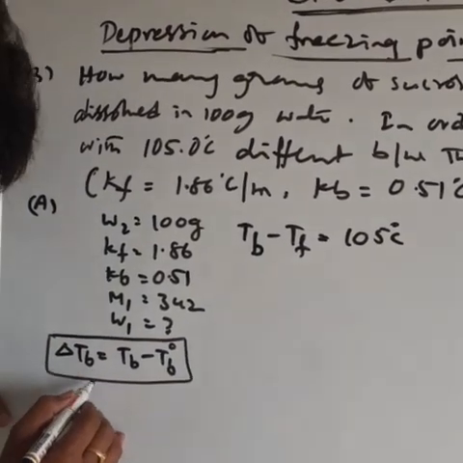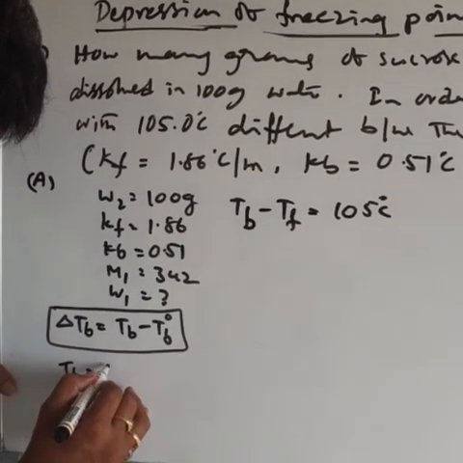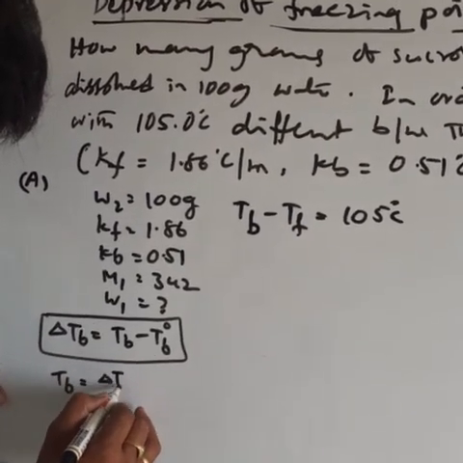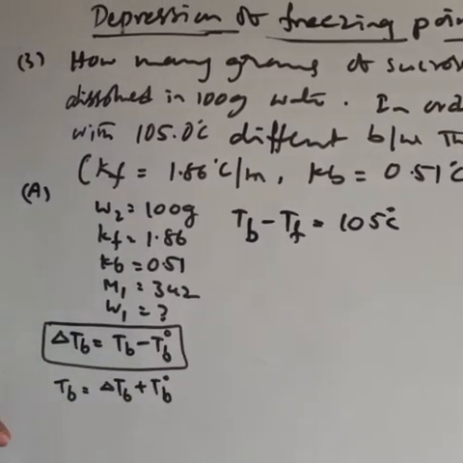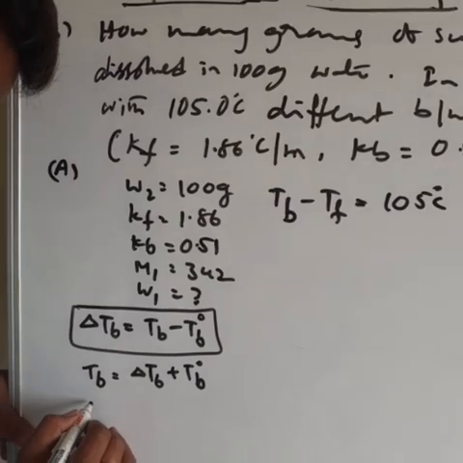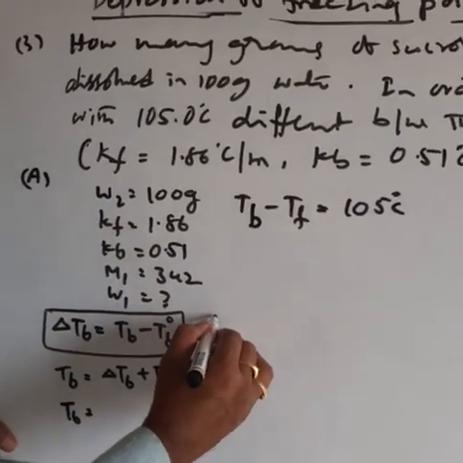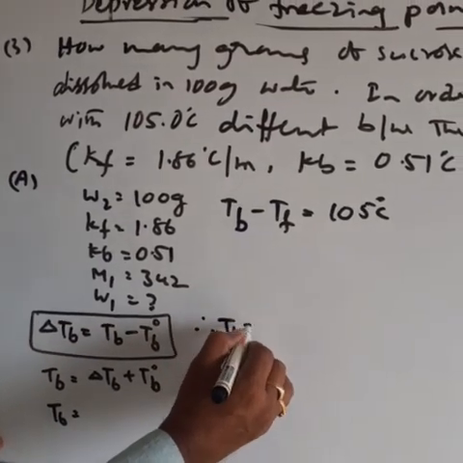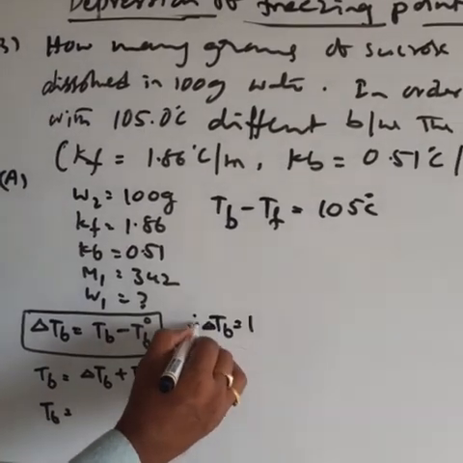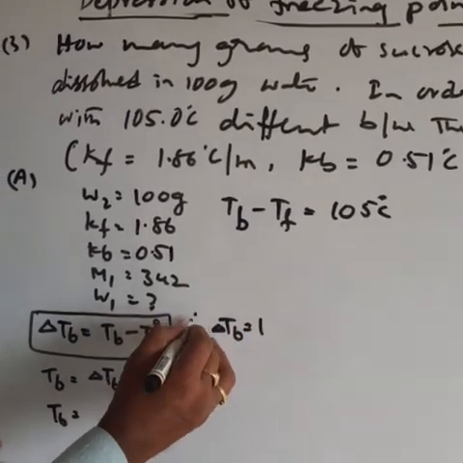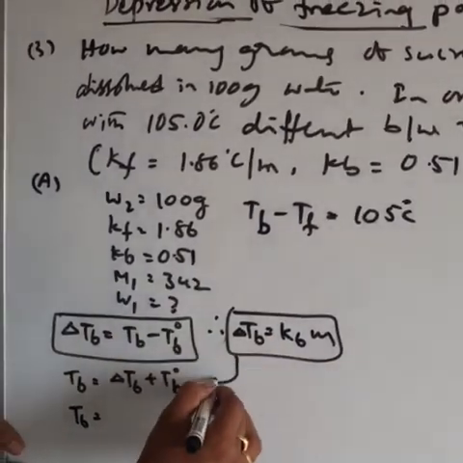From this one, TB is equal to delta TB plus T naught B. Then delta TB is equal to KB into M, that formula we have to use.